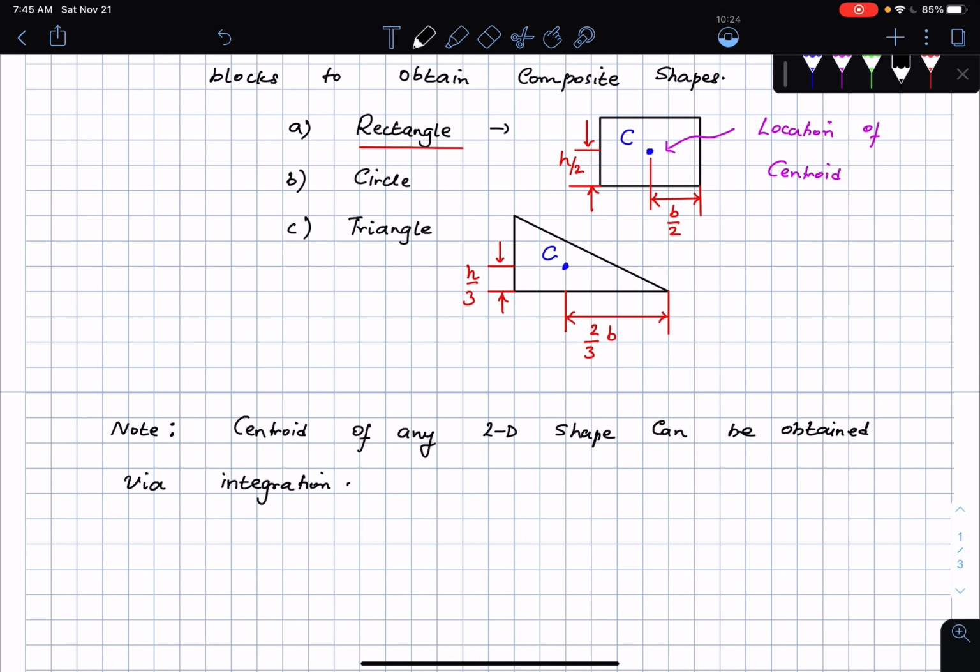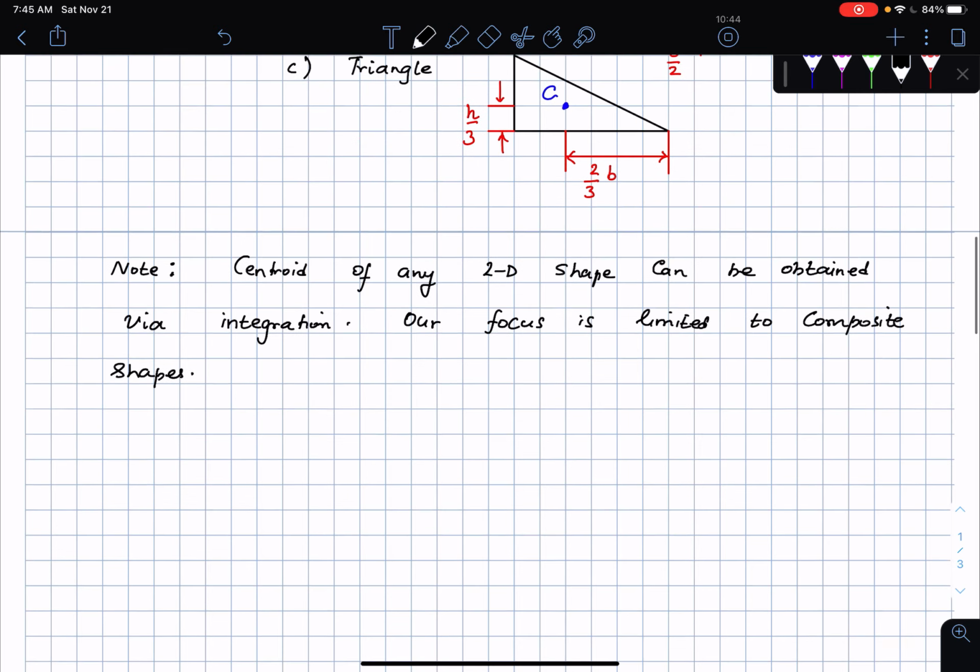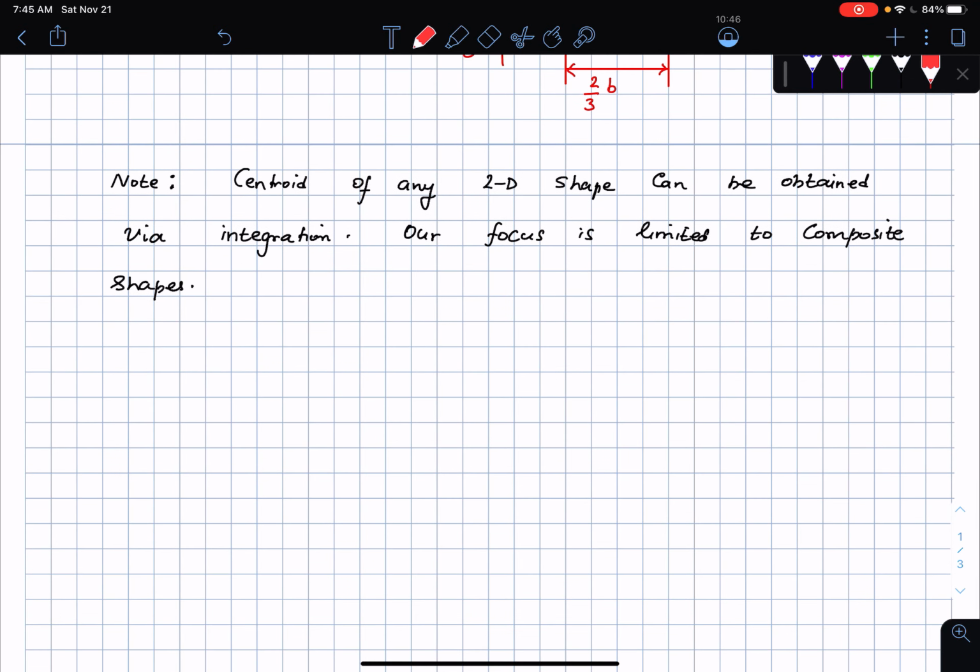Our focus, as you will be using in mechanics of materials later on, is limited to composite shapes. So that's my brief note to say that we are not going to be doing the integration, but we're going to be doing the other things.